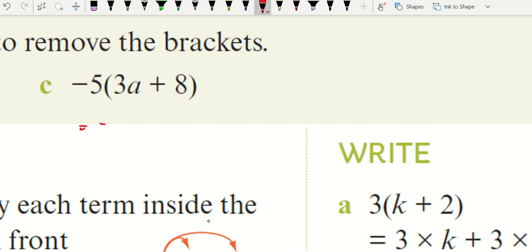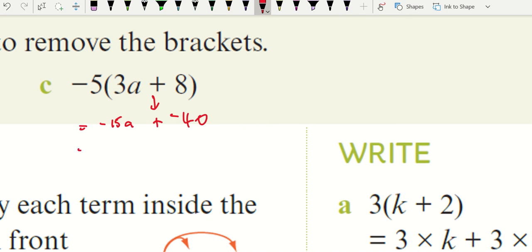Negative 5 times 3 has got to be negative 15. Now we just do the coefficients next. Now we go plus, because we've carried that down, but negative 5 times 8 is, or 5 8s are 40. I'm going to say plus negative 40.